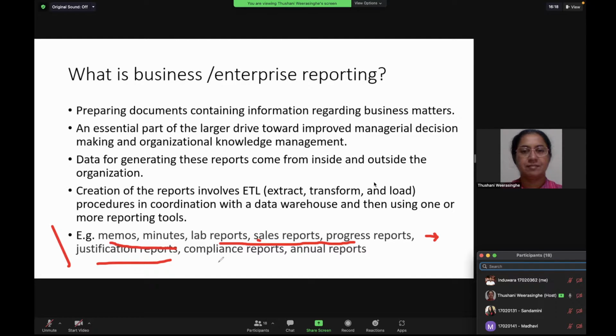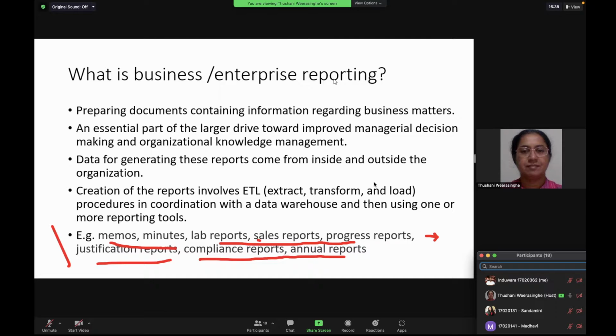Then the compliance report, so this is compliance with the other things going on, and compliance with the strategic plan. And then the annual reports, just to see whether we are moving in the right direction, we are achieving the outcomes, and we are working according to the action plan.